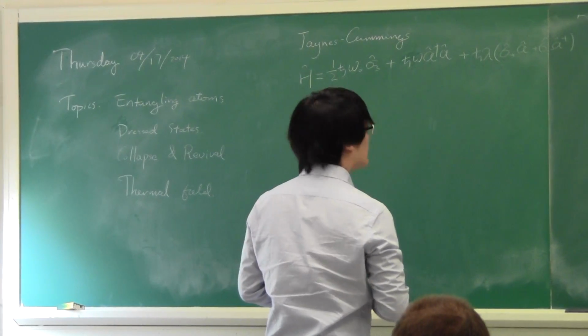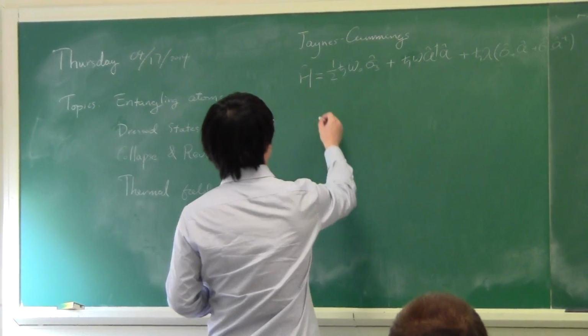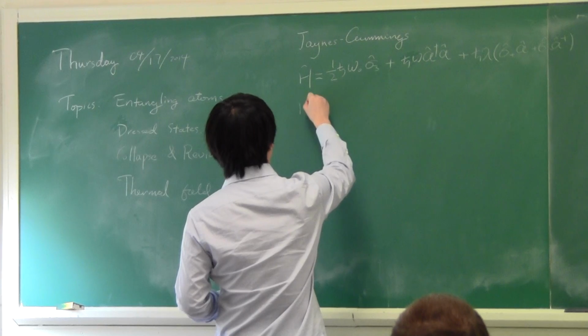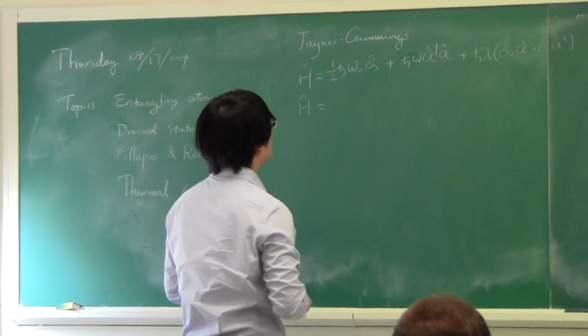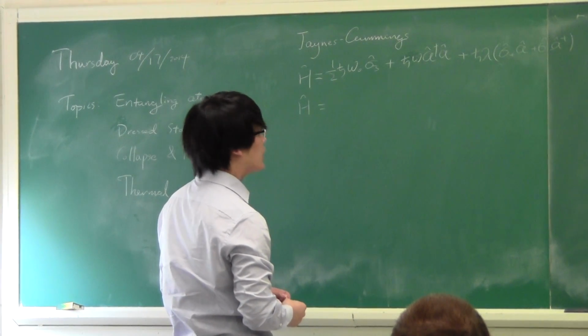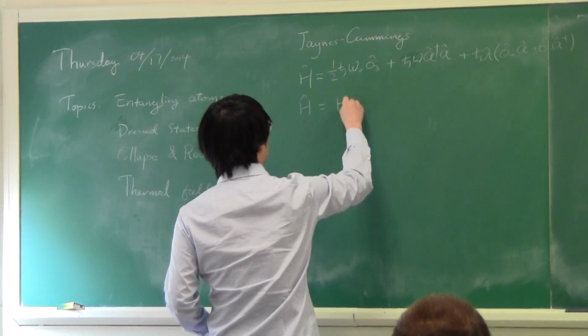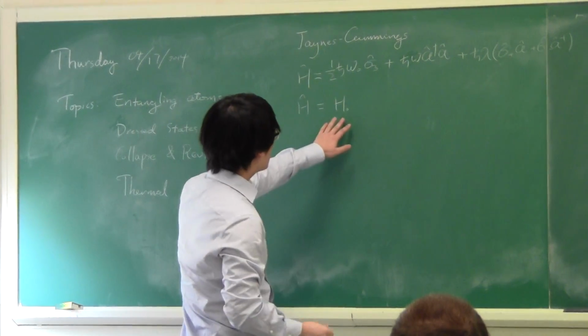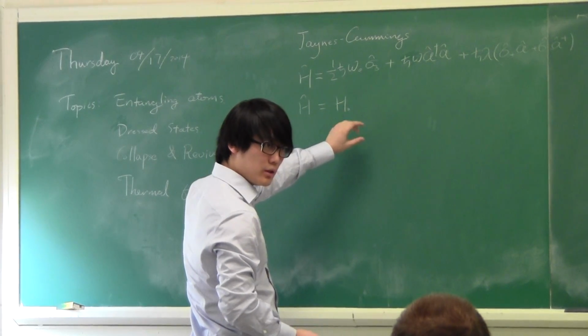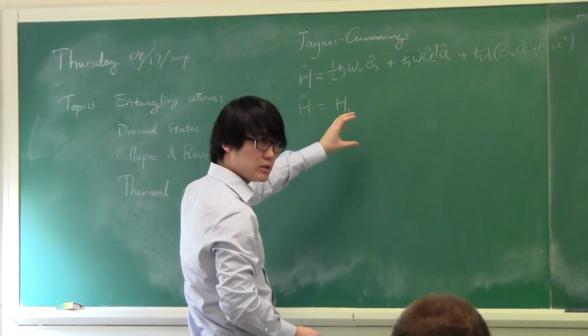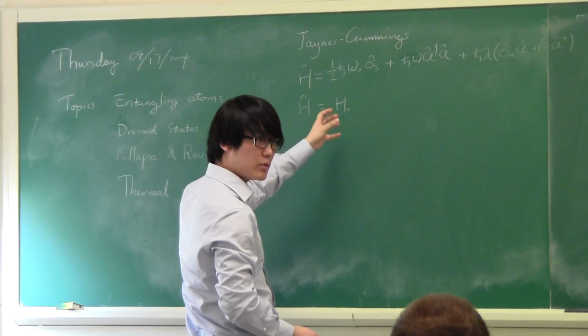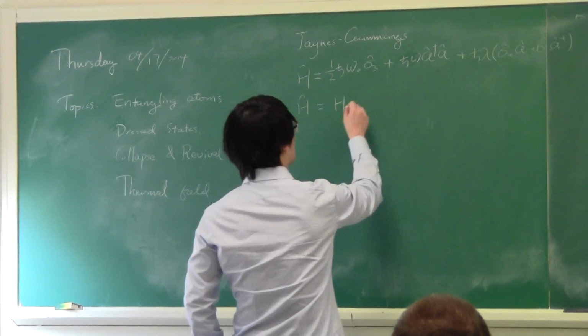And then the first step we did was to extract the constants of motion. So the Hamiltonian can also be written in terms of some constants of motion. One is the number of excitations in the cavity, the other is the number of electrons. So that's the constant of motion.